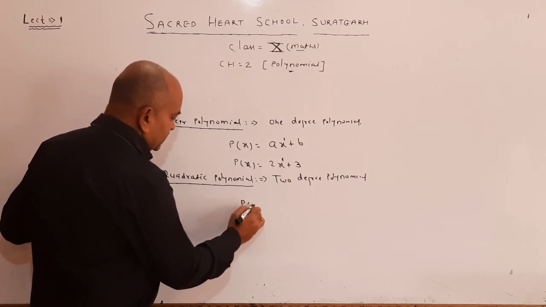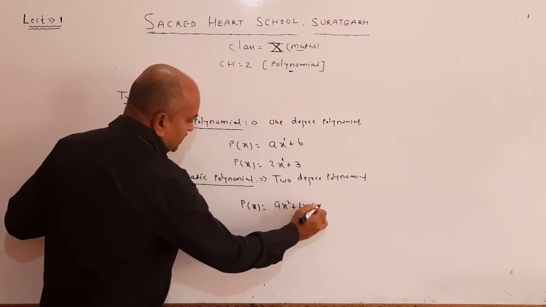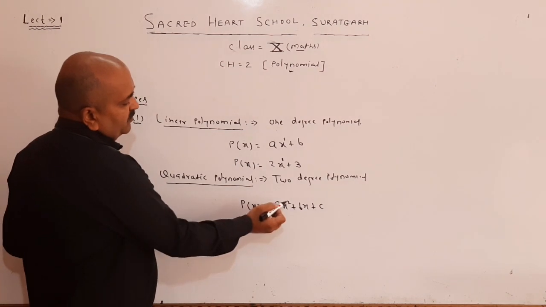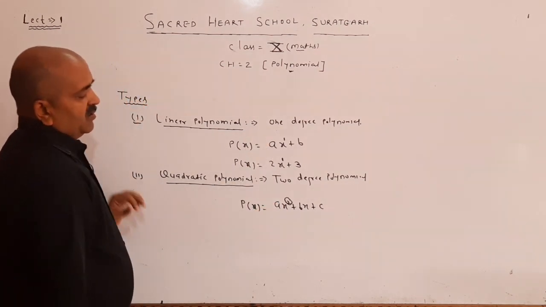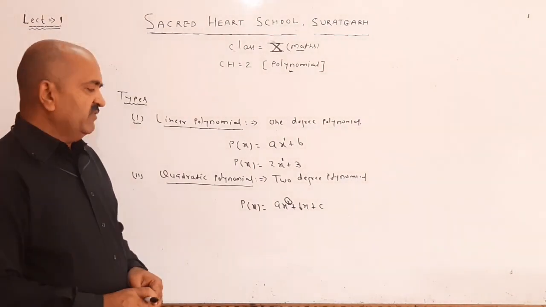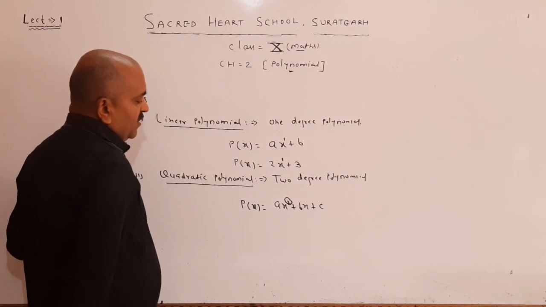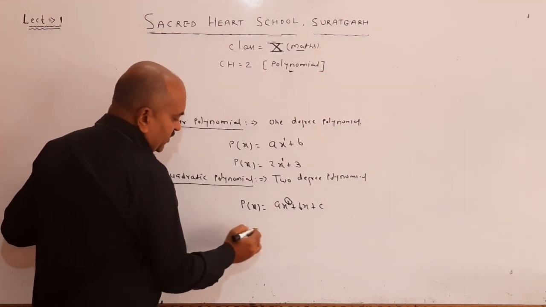So its example: ax square plus bx plus c. Students, you know the power of the variable is 2. If the highest power of the variable is 2, then we say that polynomial is a quadratic polynomial.